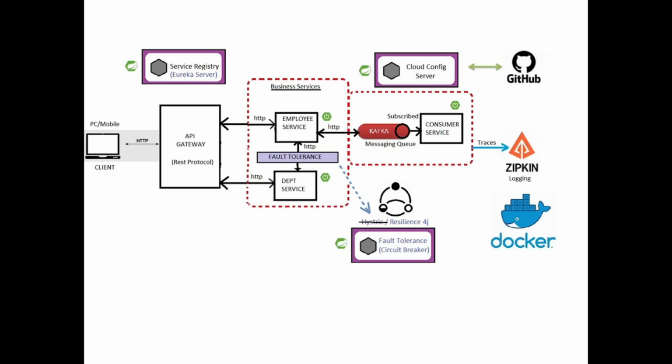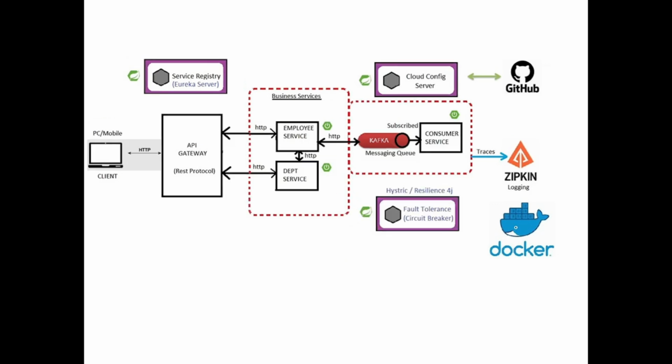But before understanding what is Resilience4J, we need to understand what is fault tolerance. In our application, we have designed a business service where employee service is depending on department service. Imagine my department service is down. Will I get the response back to employee service?